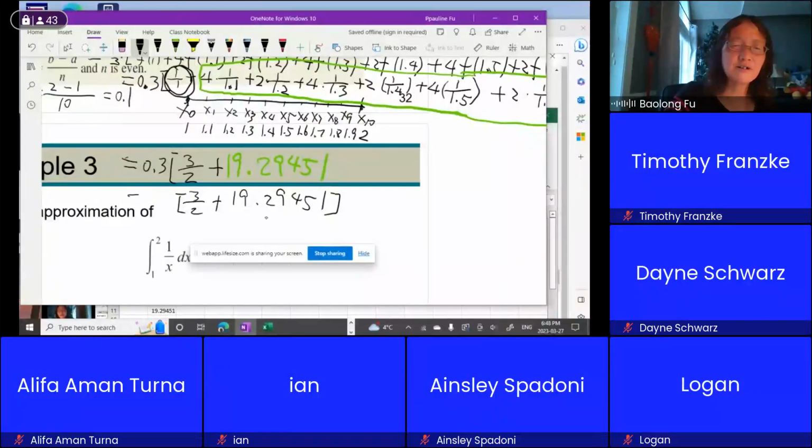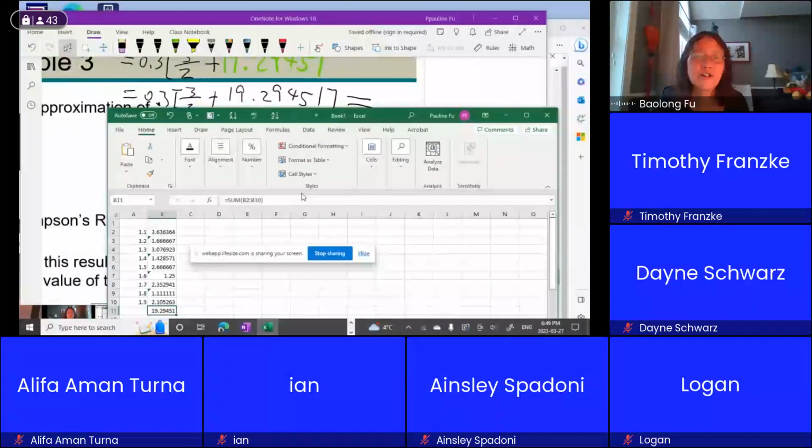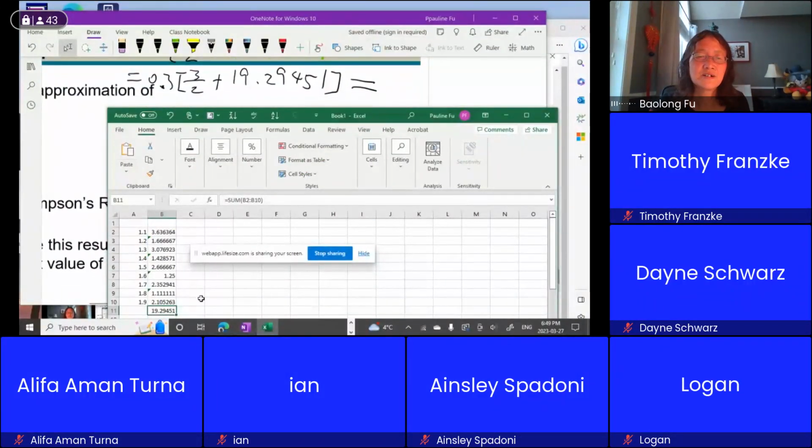Now I need to figure out what this result is. Again, use Excel. So equal this number plus 3 over 2, and the result times 0.3.